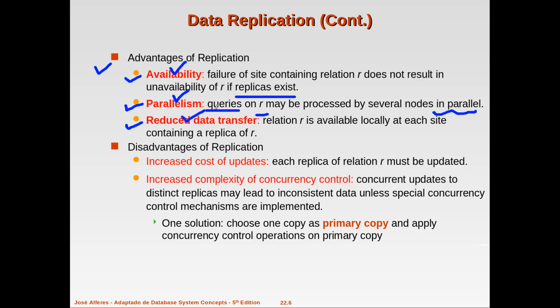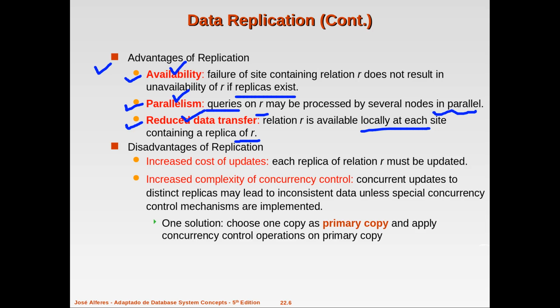And reduced data transfer, because if relation R is available locally at each site containing a replica of R, normally, especially for full replication, if one site initiates a transaction, the replica of the relation will be present in that site also. So the transaction can access that relation from the same site itself without a data transfer or communication to some other site. So full replication will always reduce the data transfer.